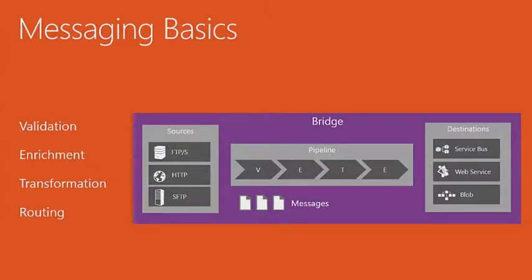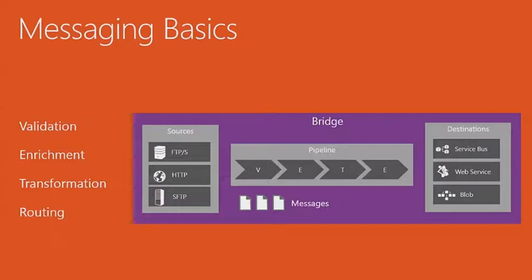So, basics of messaging. We touched upon this yesterday, and I'll briefly talk about some of these things. Essentially, we provide pattern-based integration, and some of the functionality that we provide out of the box includes the ability to validate an incoming message and perform enrichment on the message.